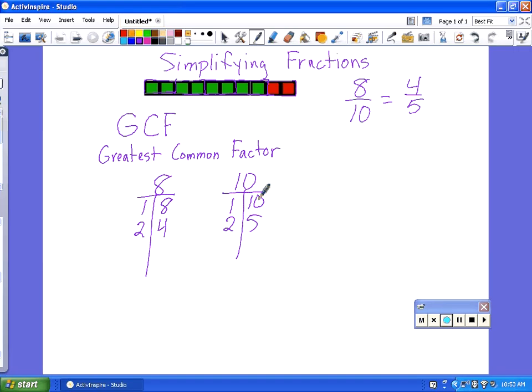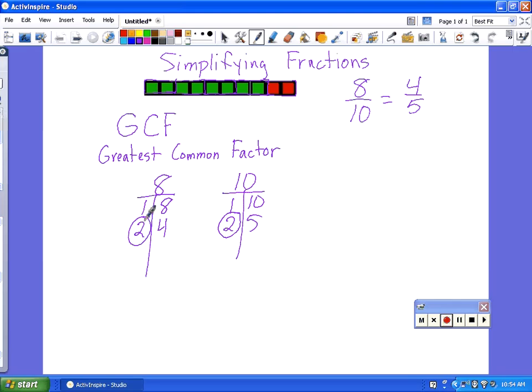Nope, that's it. So if we look at 8 and 10, what is the greatest common factor of 8 and 10? Brandis? 2. 2 is the greatest common factor.